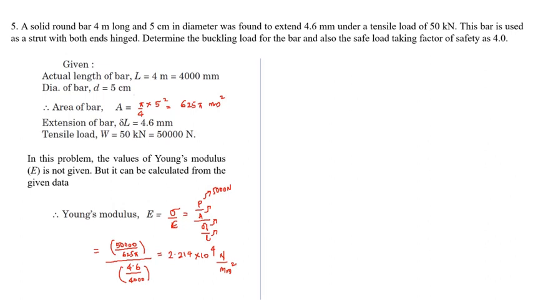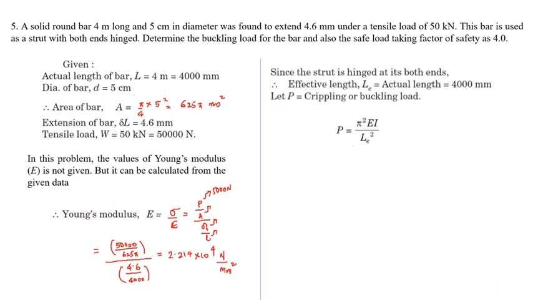So once you got the value for Young's modulus, you can find the value for your crippling load, because it is given the strut is hinged at both the ends, so your actual length will be your effective length itself.